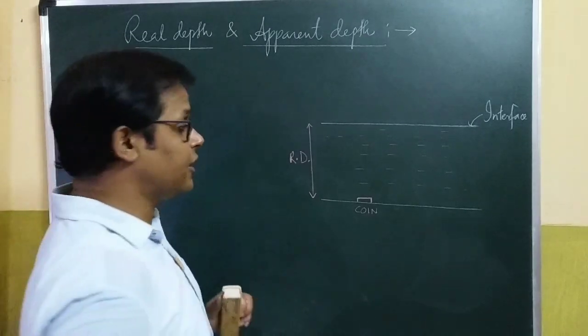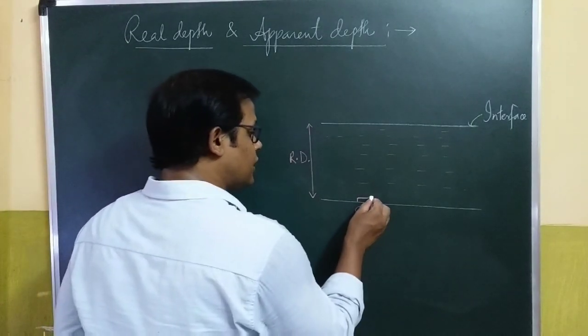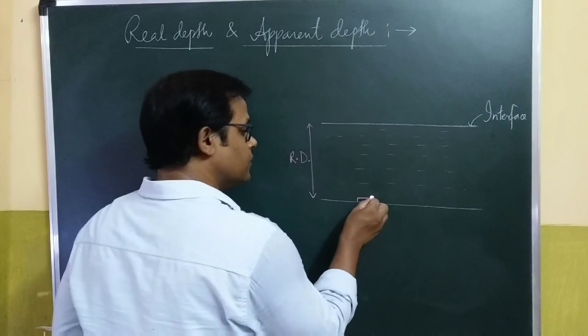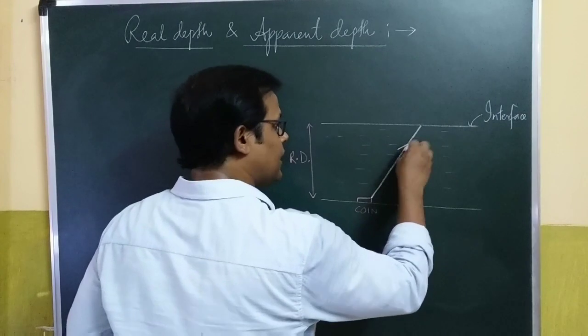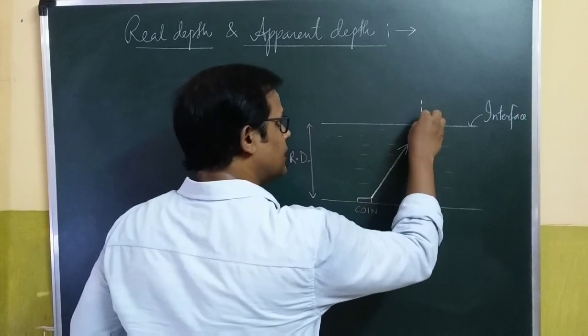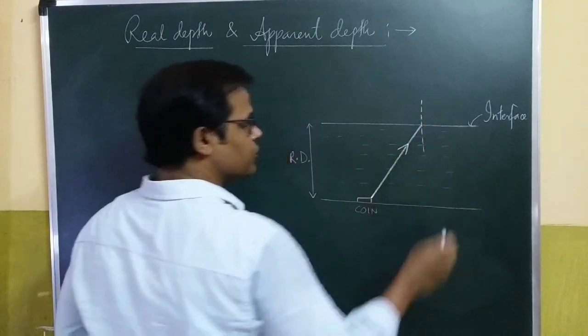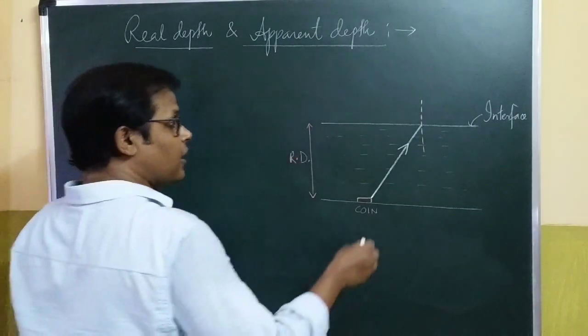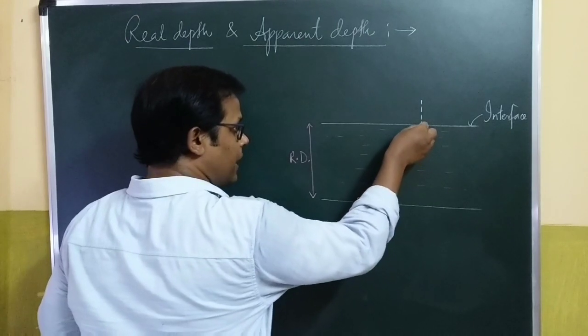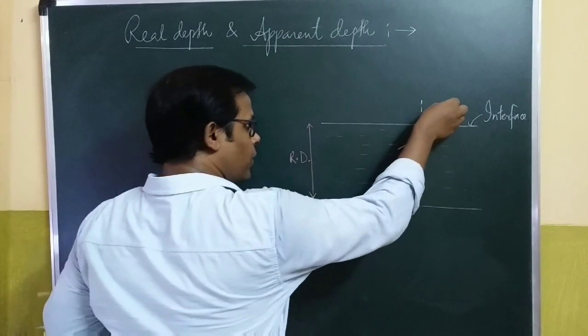So how does the ray of light actually travel? Let us choose a tip of it, maybe from here. A ray of light begins its journey obliquely from the coin. This is the normal. So definitely it's going from optically denser to optically rarer medium, so it's going to bend away from the normal.